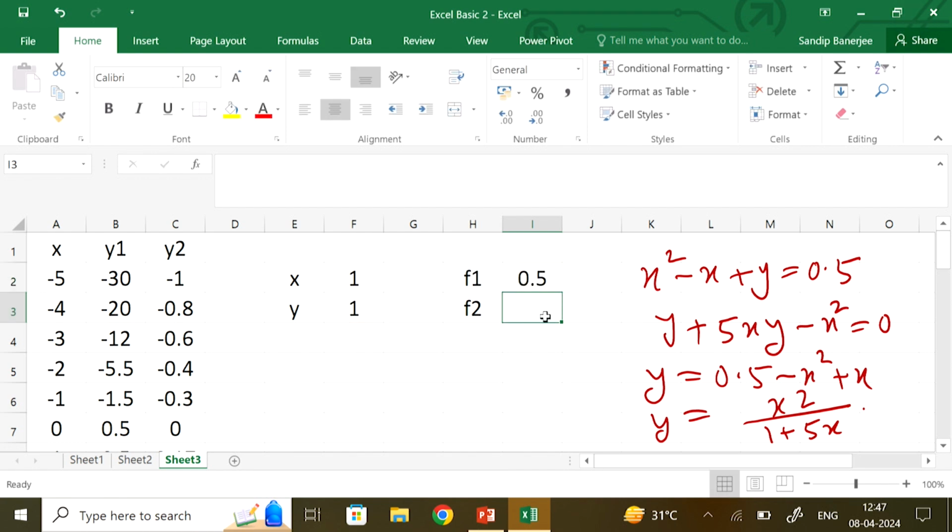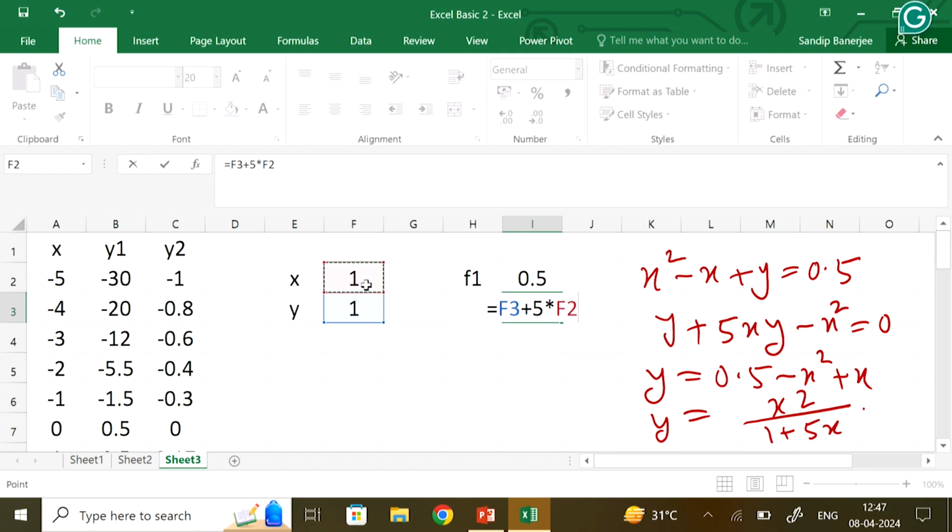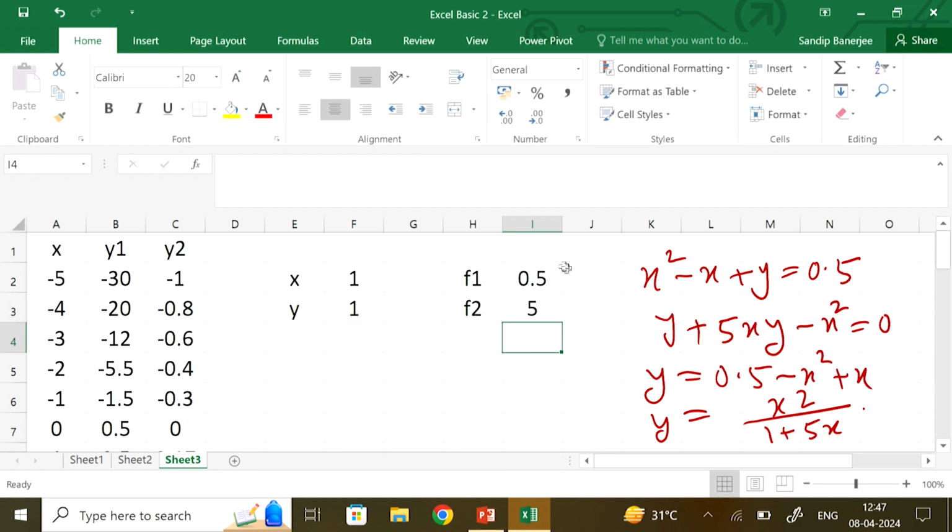So, you get the value, and for f2 equal to y plus 5 times x multiplied by y minus x square and enter. So, you get these two values, and now we use the solver.